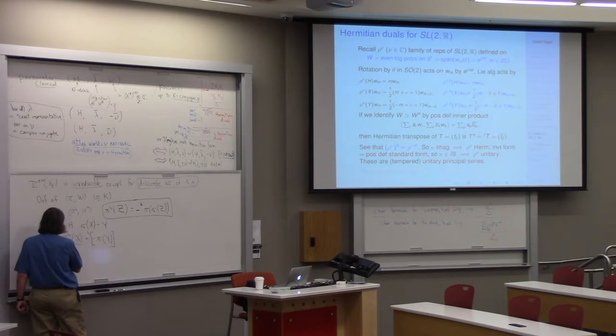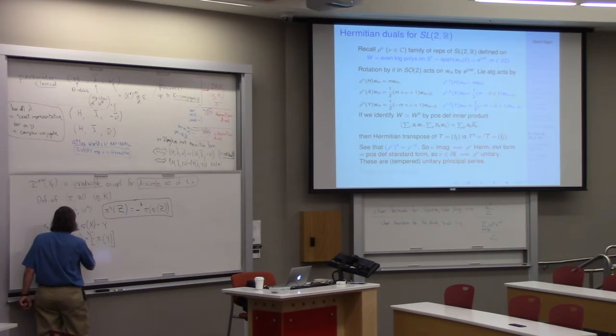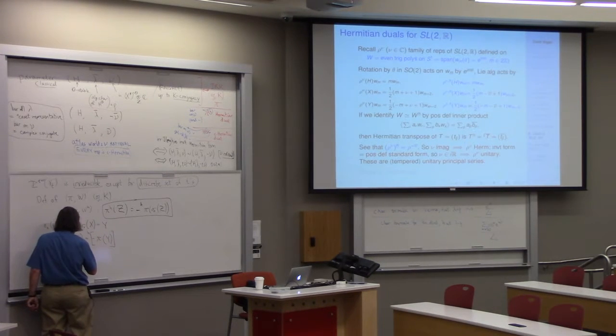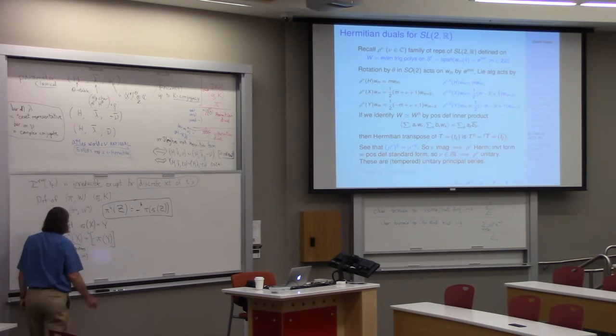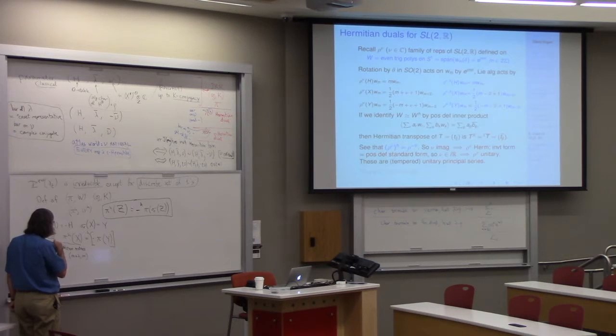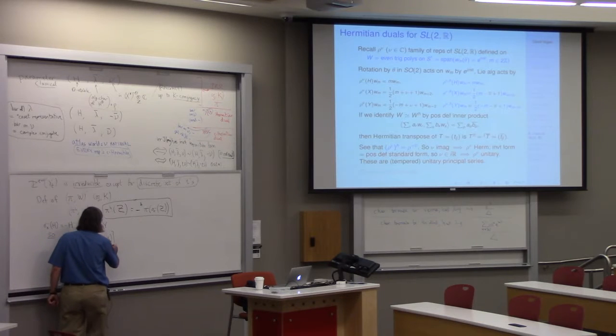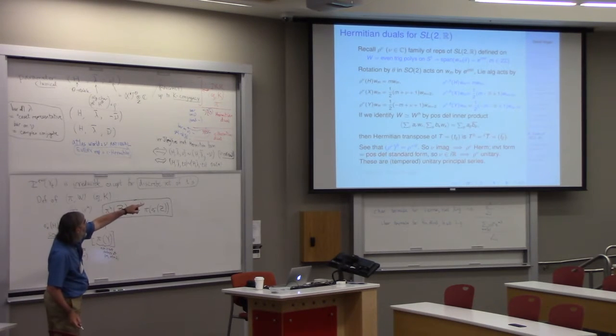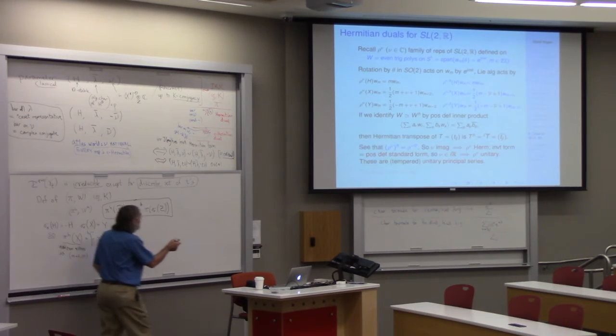So this matrix has non-zero entries at, I think maybe at m plus 2 and m, and this thing has non-zero entries at m and m plus 2, and what the entry is, it's this thing.